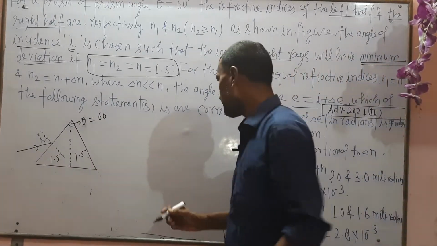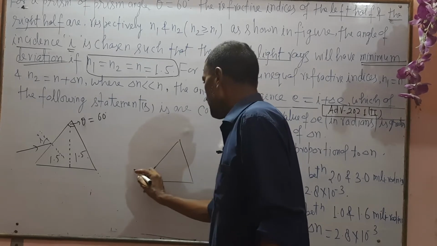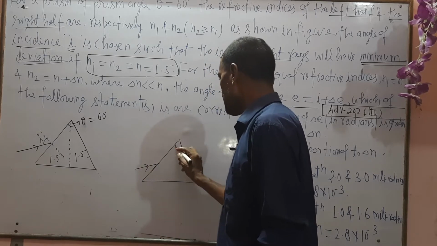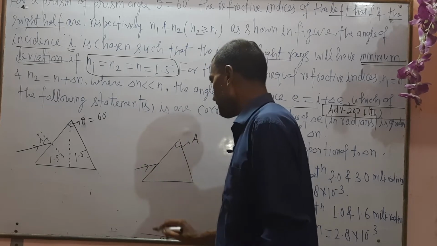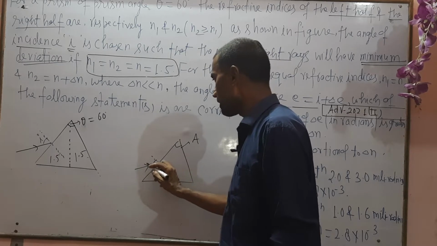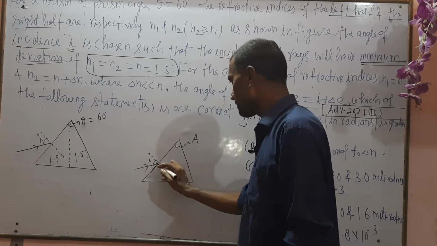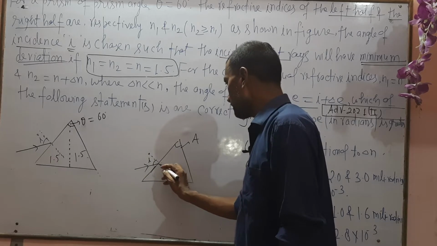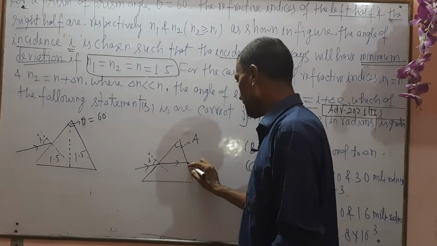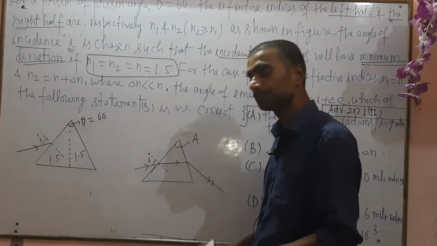What is minimum deviation? Let us suppose this is the prism. If a ray is incident at this point, and this prism angle is A, draw the normal at that point. This is the angle i, and after refraction the ray goes to this side and emerges at that point.